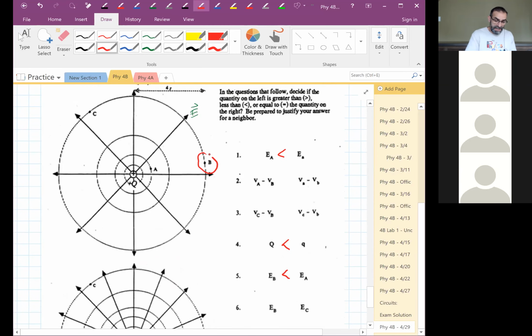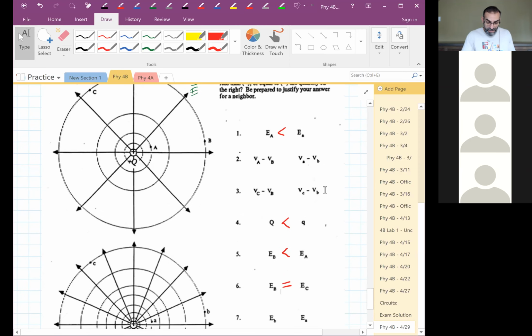How about B and C? B and C, the electric field here and the electric field here. Capital B and capital C. Okay, those are the same. Good. Same distance away from the same charge, right? Are there more electric fields?